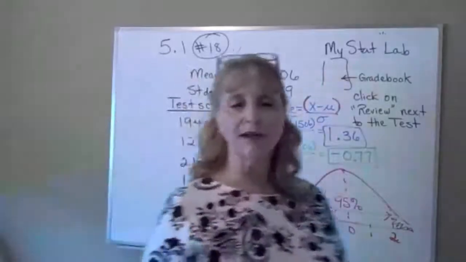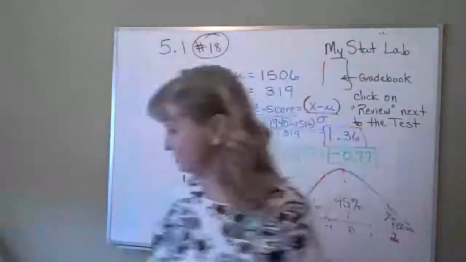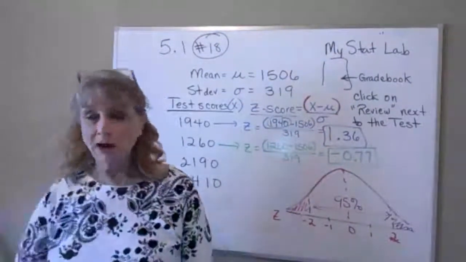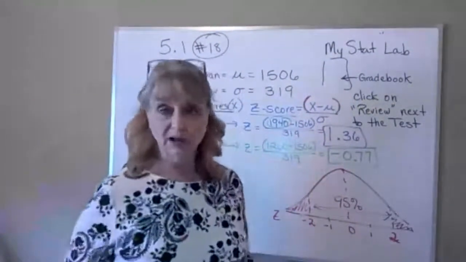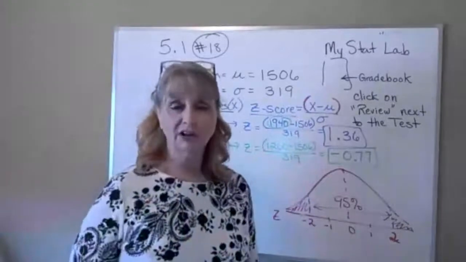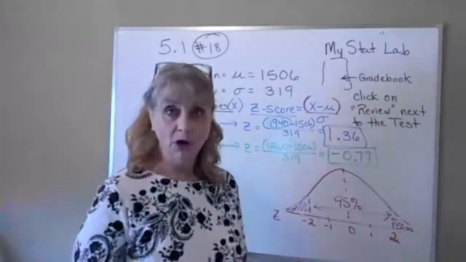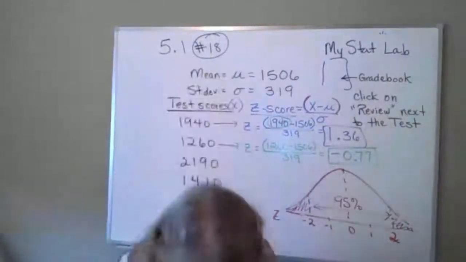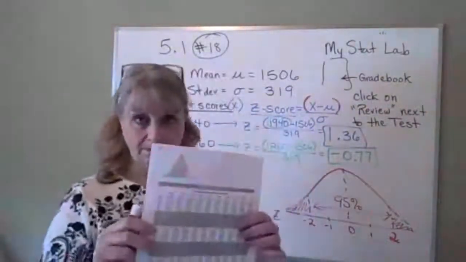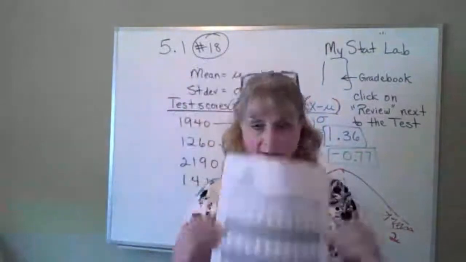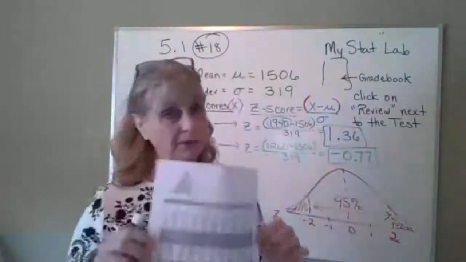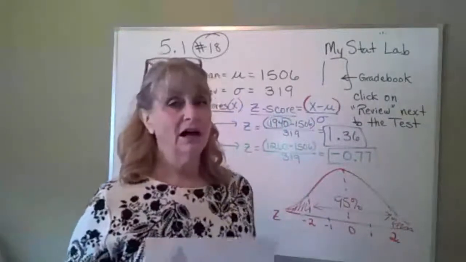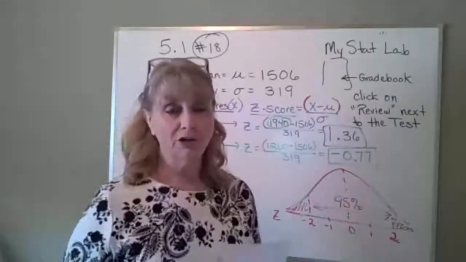Right? Any other questions from 5.1 before we go on to 5.2? We're actually not going to learn anything new in 5.2. We're just going to learn how to do a different kind of problem. So we're using the same ideas that we used in 5.1. You're going to need your z-table. So if you don't have your z-table printed off, please make sure that you do that, and at least for right now, pull it up on your device.